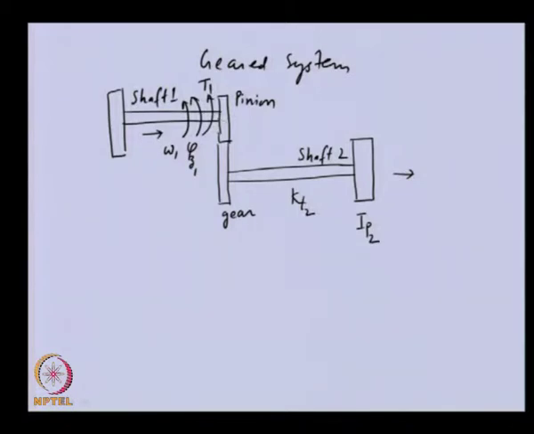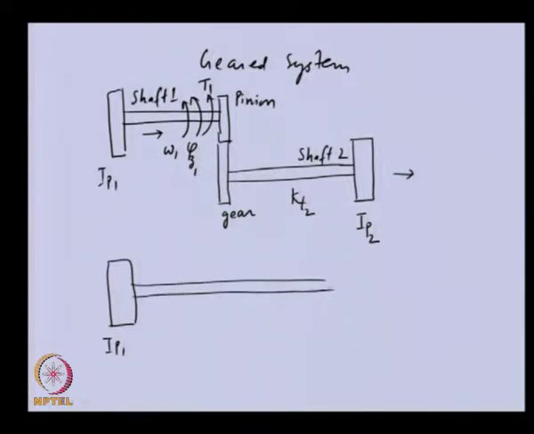Now, if we want to analyze this for torsional vibration, we can convert this particular shaft system to a single shaft system. Let us say we have the moment of inertia of the first flywheel and another flywheel here, and they are connected by a uniform single shaft.